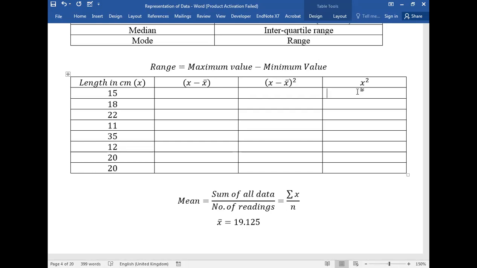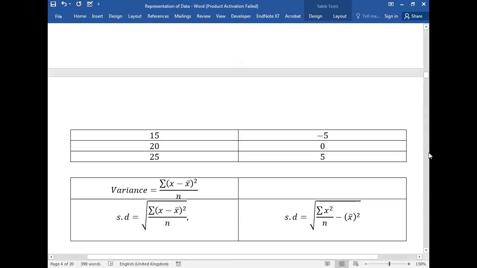Understood variance? Another way to find standard deviation or variance is to square all your values. Square every value. Do it. Square all your values, take their average, and subtract the square of the mean.